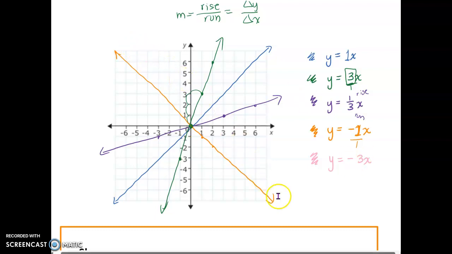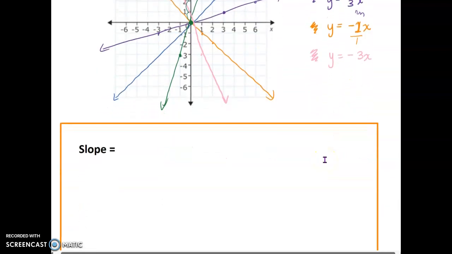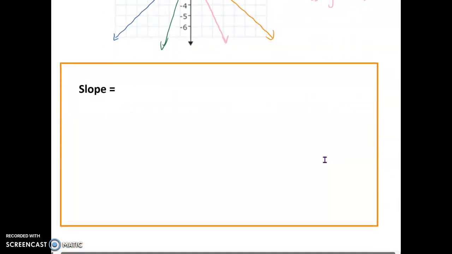I'm going downwards, hence the negative. And now when I do y equals negative 3x, I'm going the same direction, but now a steeper slope. So it's that idea of a steeper slope, but in the negative direction because I'm going downwards.